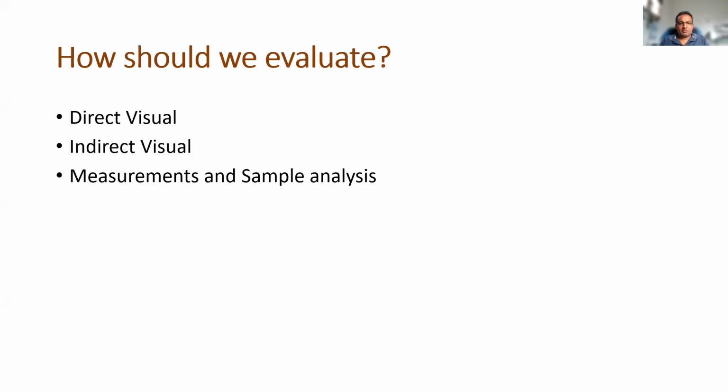So those are more accurate than the direct and indirect visual assessments. If you have a lot of experience, of course, the first two could be very much accurate, but you cannot give numbers, right?